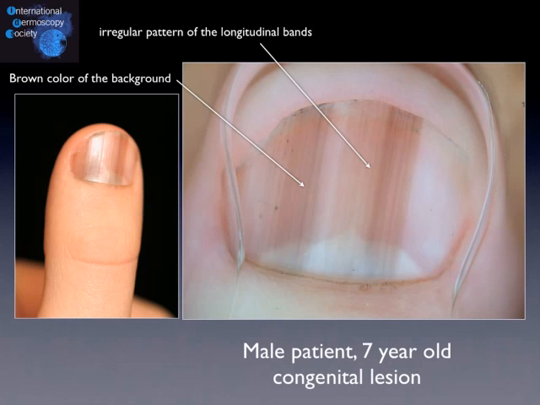And the pattern of the longitudinal lines is very irregular in color, spacing, and thickness. In an adult, this pattern would be in favor of a melanoma, but knowing that the lesion was present since birth led us to think of a congenital nevus of the nail unit.